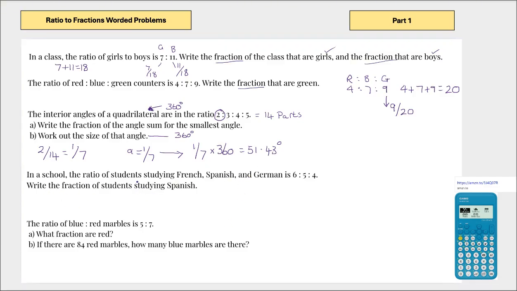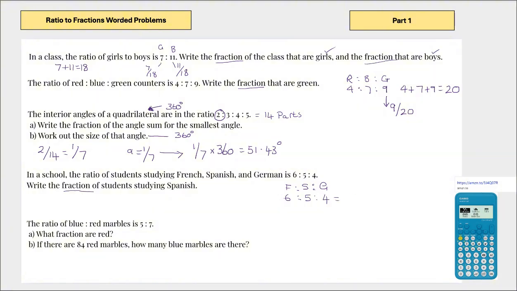In a school, the ratio of students studying French, Spanish and German is 6:5:4. Write the fraction of students studying Spanish. So we've got French, which is 6, Spanish, which is 5, and German at 4.